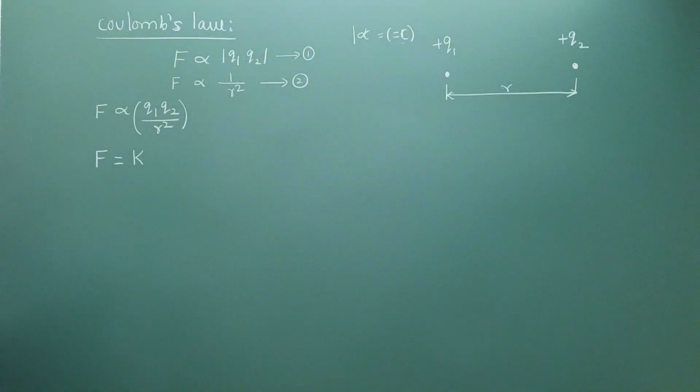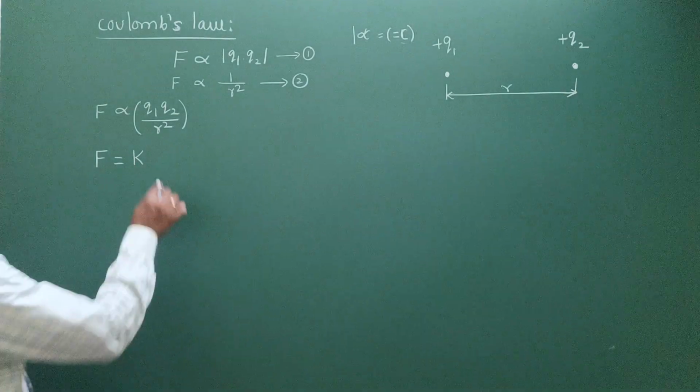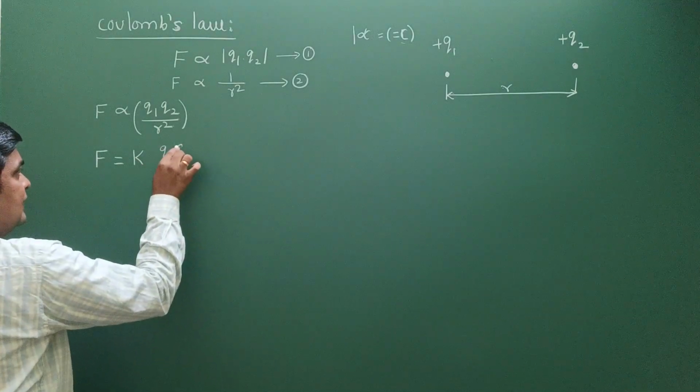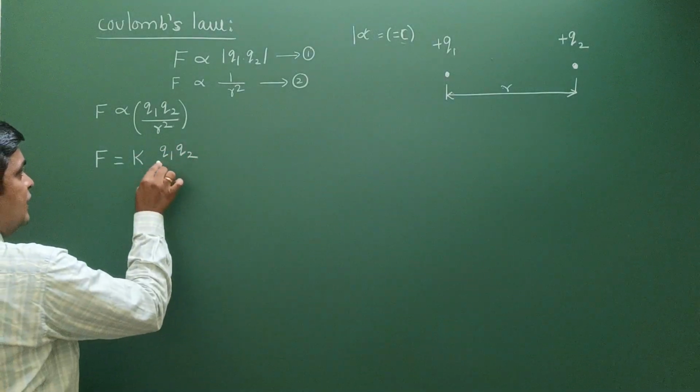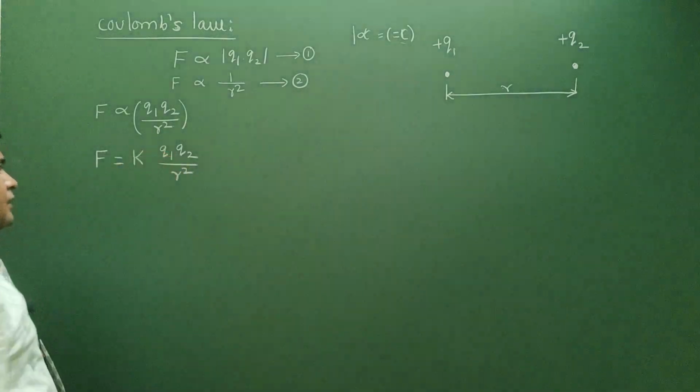The remaining terms stay the same: q1 and q2 divided by r square.